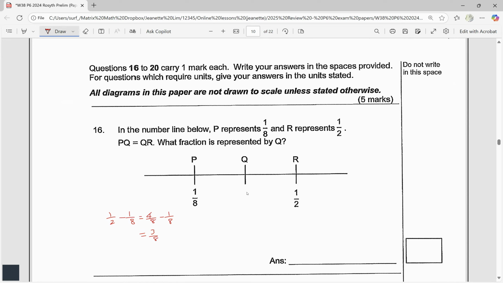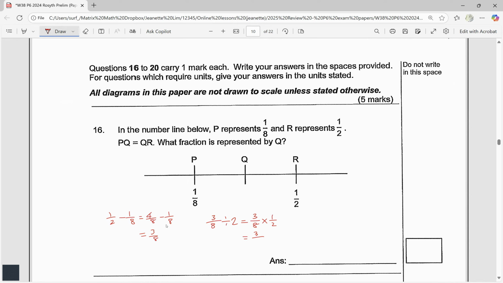3/8. Now let's find the increase from P to Q, like halfway. So it's actually half of 3/8. So 3/8 divided by 2, which is you do the keep, change, flip. So you keep the first fraction, change the sign to times, and flip the 2 so that it becomes 1/2.